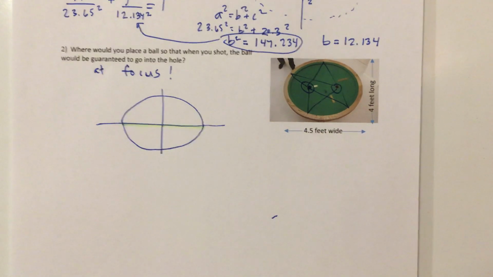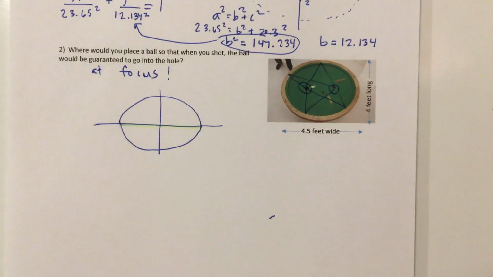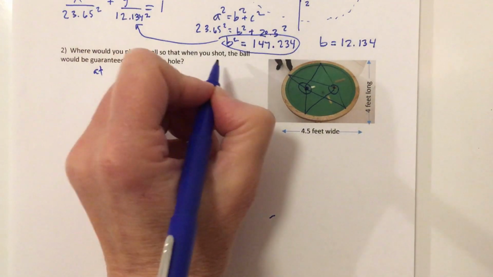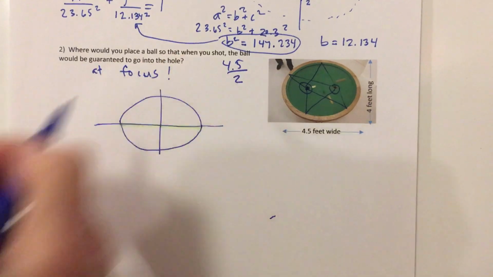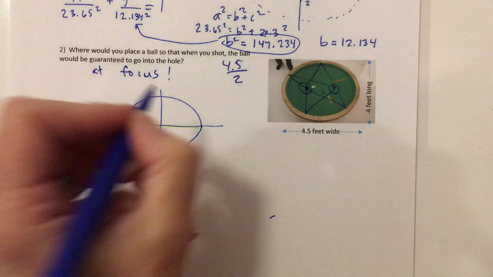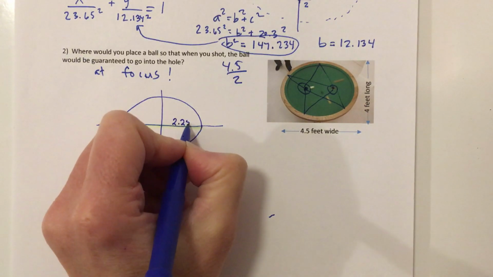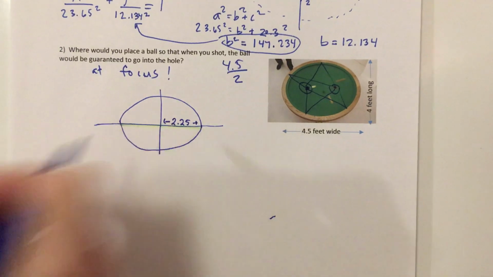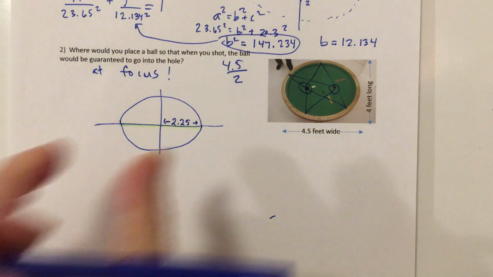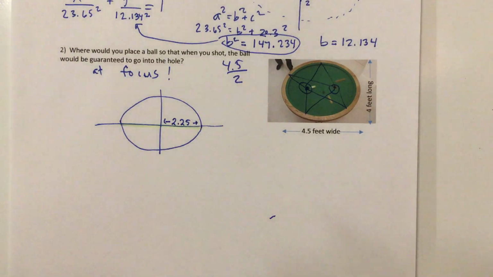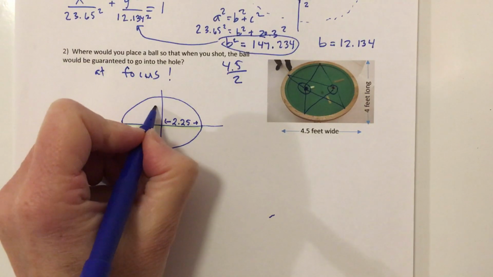But what you really want to know is how far it is from the center. So you just take 4.5, divide it by 2, and you get 2.25. So this is 2.25, because this is 4.5, so that's half of that. It says this is 4, which makes this 2.